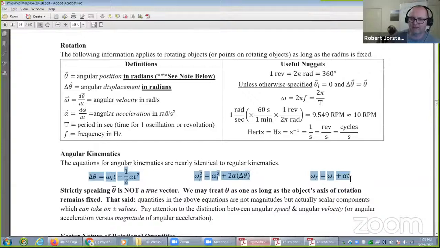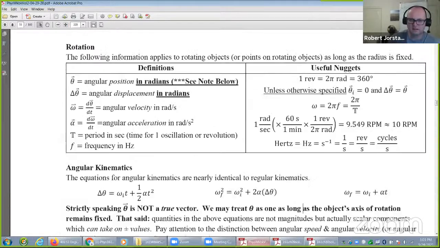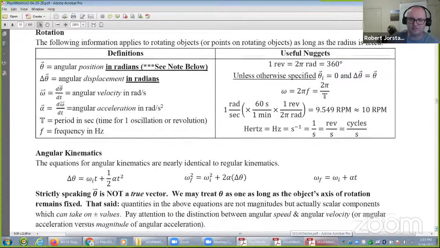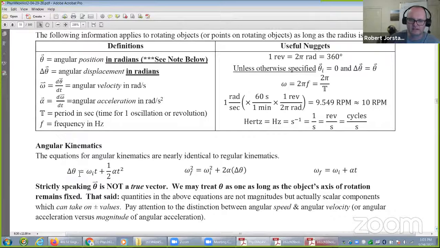All right, so look at this. You probably recognize these equations. Take a second to look at those. Maybe I can even make it slightly bigger. In this case, I hope you realize they're just the same as the kinematics equations we used before. Delta x is vt plus 1/2 at squared. Only now delta theta is angular displacement.